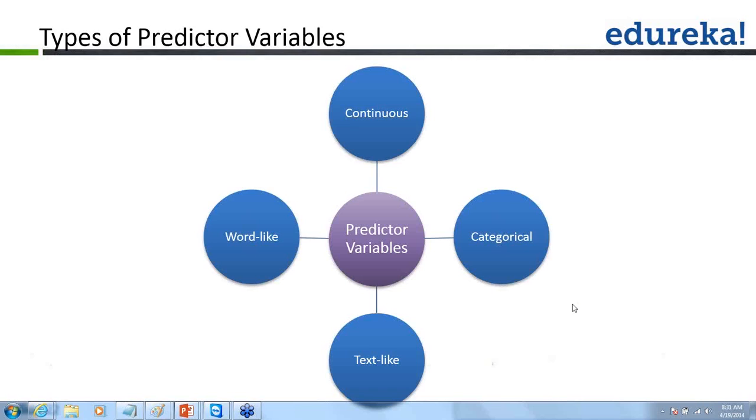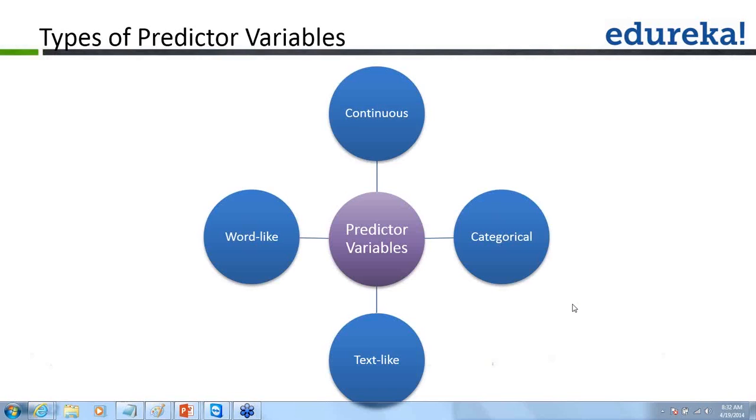No, a zip code will not be part of continuous. For zip codes or any values where averaging or taking a square root does not give you any useful information, you cannot put them in continuous. You will put them in categorical. A classic example is zip codes, from which you can find out certain things in classification problems. So those you cannot define as continuous. They come under categorical.